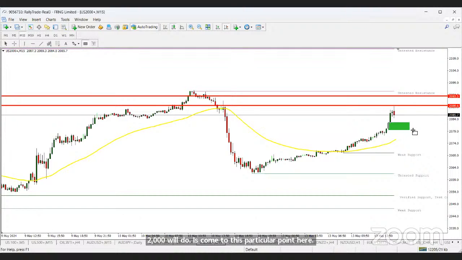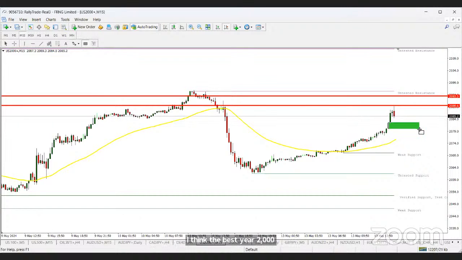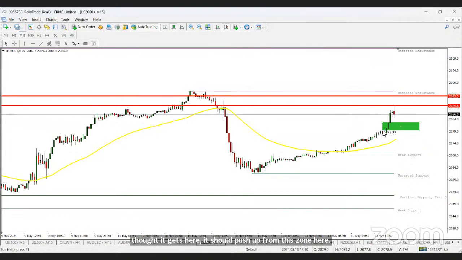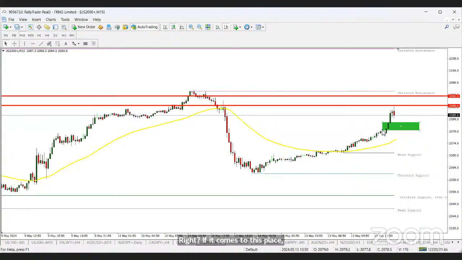If at all it gets here, it should push up from this zone here, right? So this is where we're watching US 2000 to.